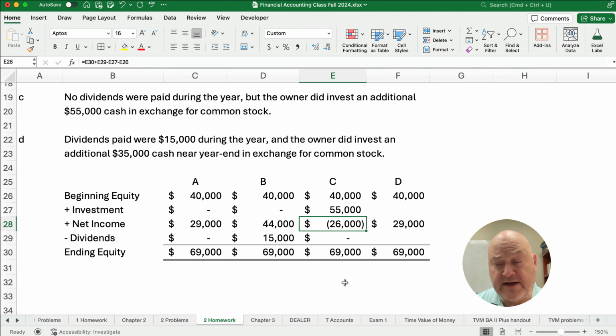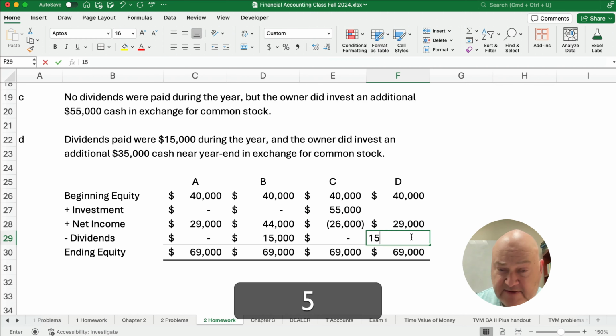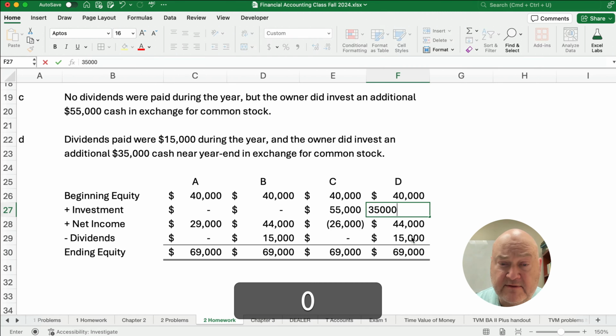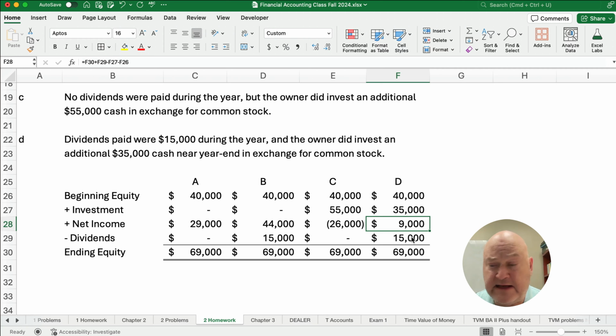So we can figure out net income if we know beginning equity, ending equity, how much we put in the business, and how much we took out of the business, that's dividends. The difference has to be net income. All right, the last one here. If dividends paid were 15,000 and the owner put in 35,000, then net income must be 9,000.